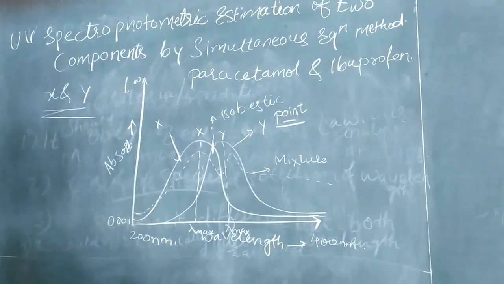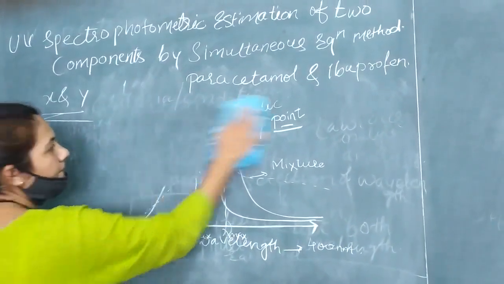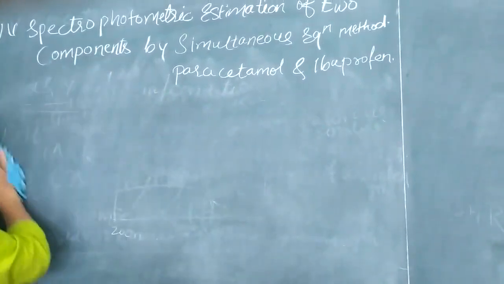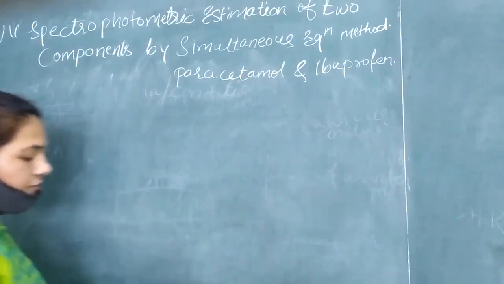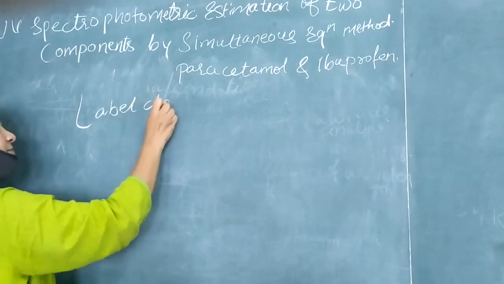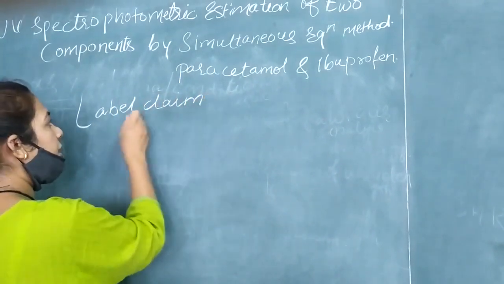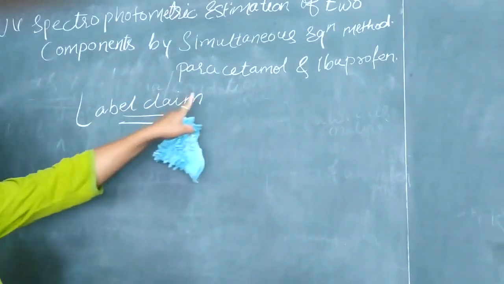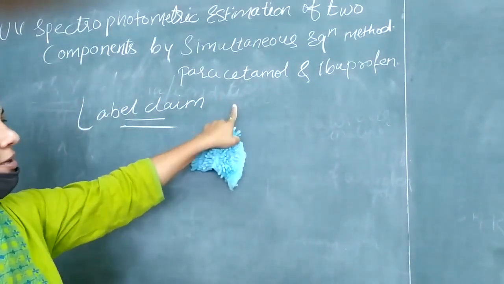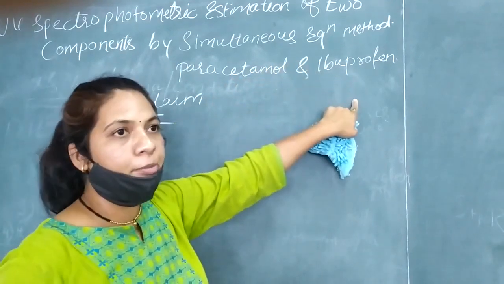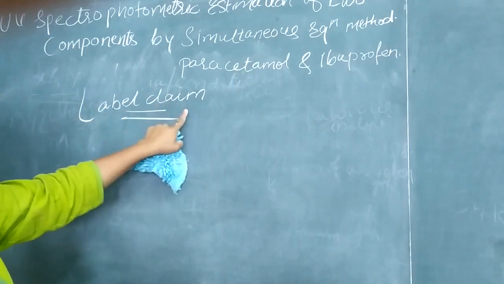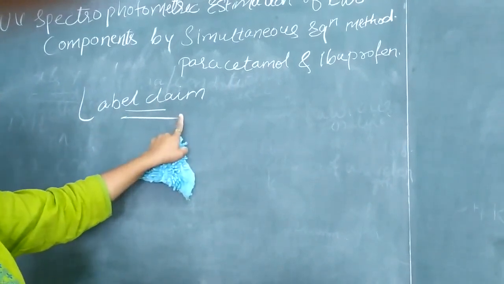For the calculation of the simultaneous equation method, you should first go for the label claim: the proportion or quantity of paracetamol and ibuprofen in the tablet. We have to calculate that under the label claim.